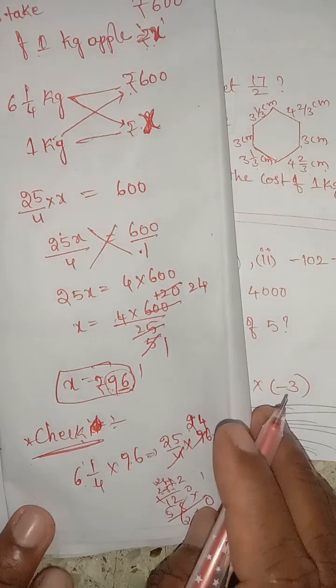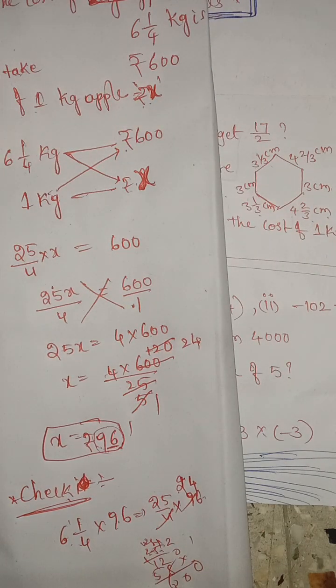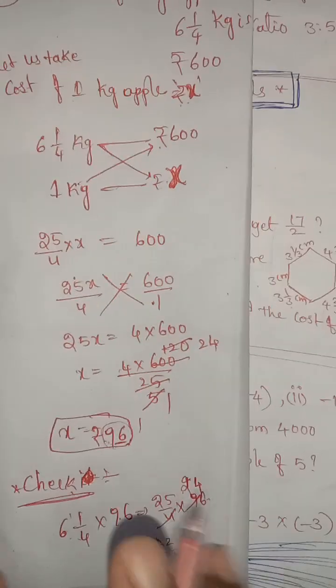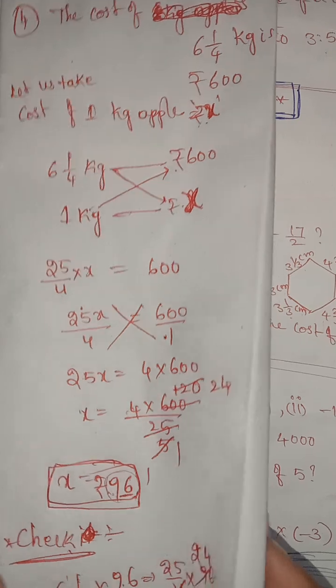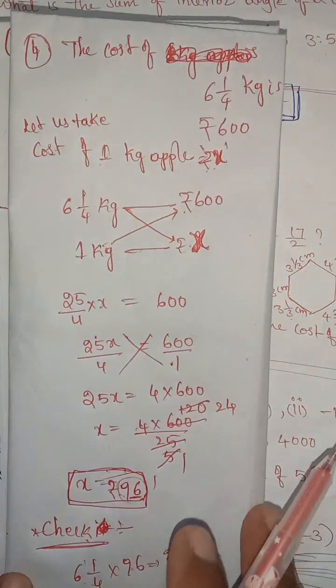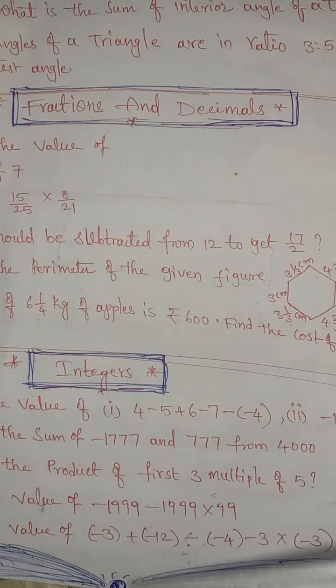So 600 rupees. So x equals 96 rupees, where x means the cost of 1 kg apple.